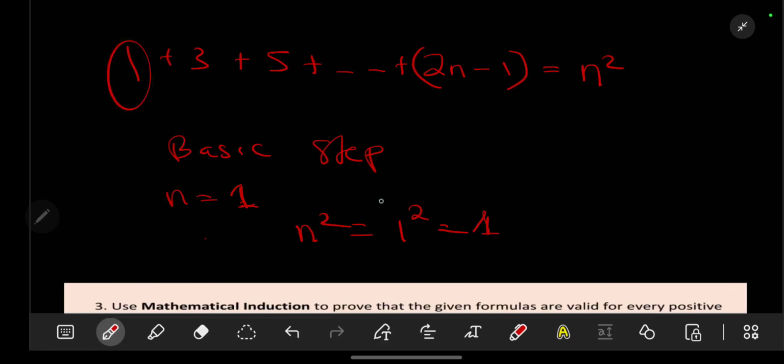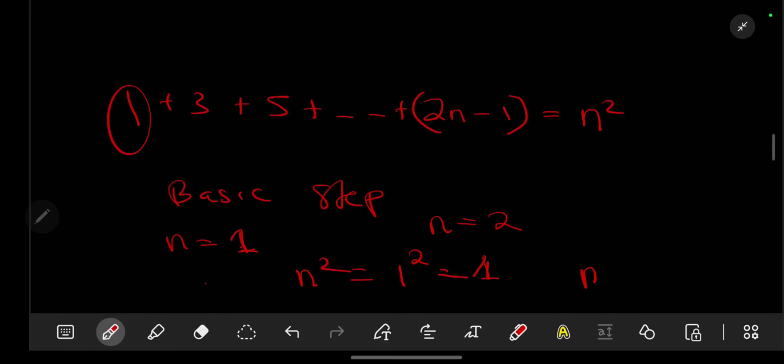Now let's say you set your n to be equal to 2. This is going to give you n squared is equal to 2 squared, which will be equal to 4. But where is 4? 4 is 1 plus our 3, which is going to give us 4.